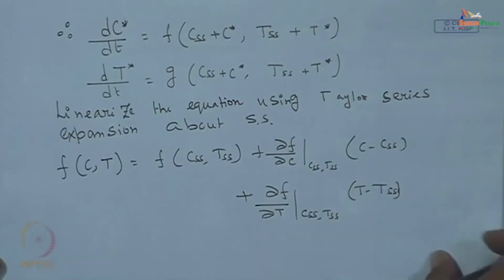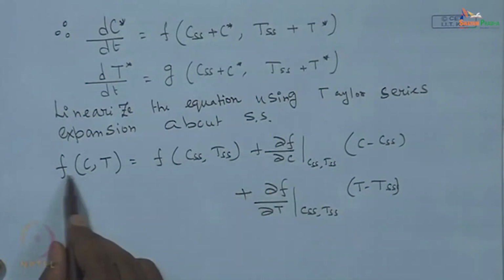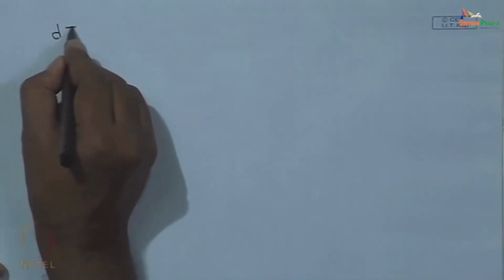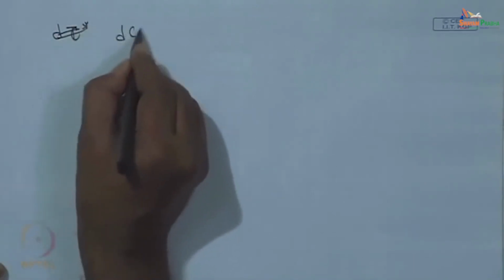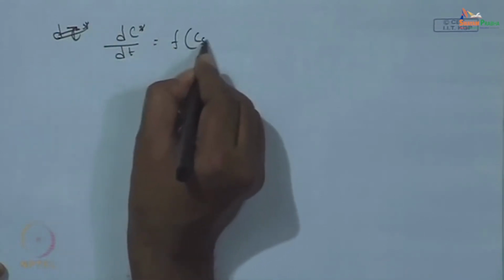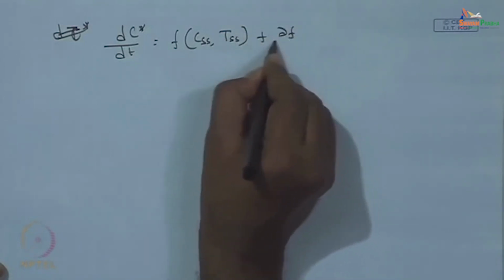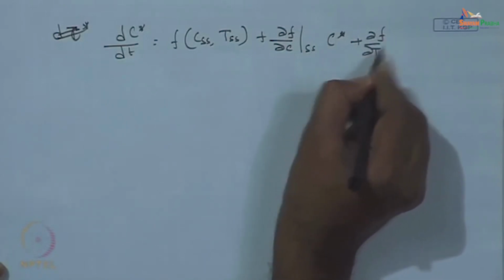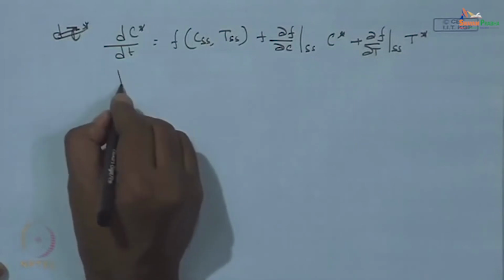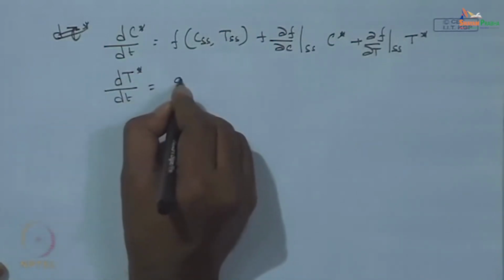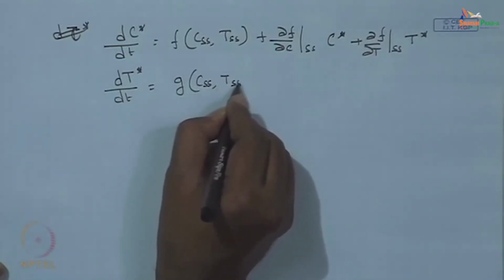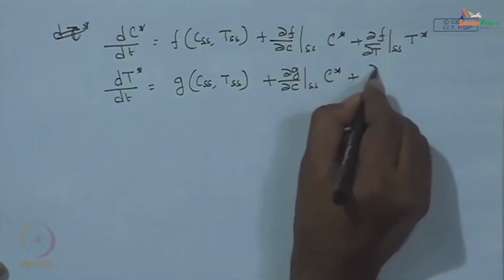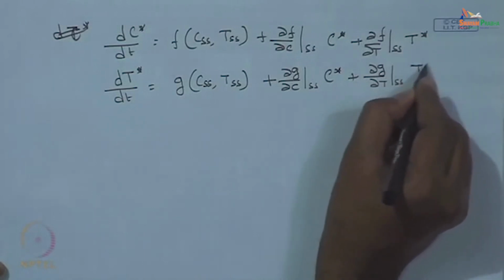Similarly, we can do a Taylor series expansion of G of C and T about the steady state, and what we will be getting is dC star/dt equal to f(C_ss, T_ss) plus ∂f/∂C about the steady state times C star plus ∂f/∂T about the steady state times T star, and dT star/dt is equal to G(C_ss, T_ss) plus ∂G/∂C at steady state times C star plus ∂G/∂T at steady state times T star.